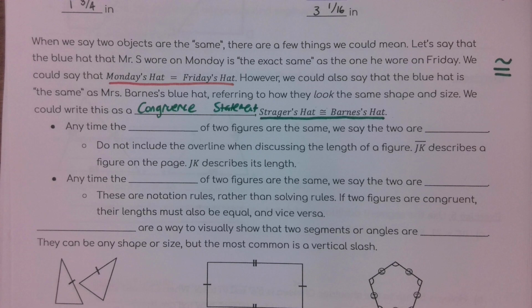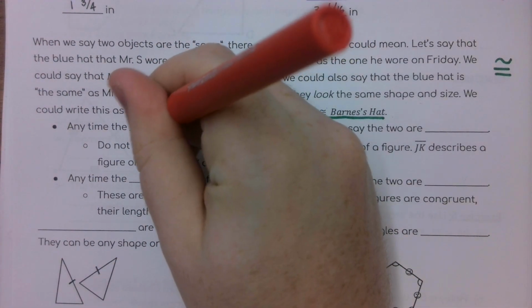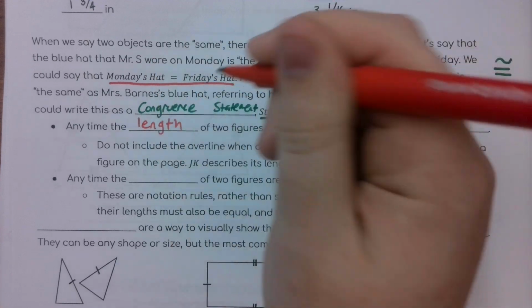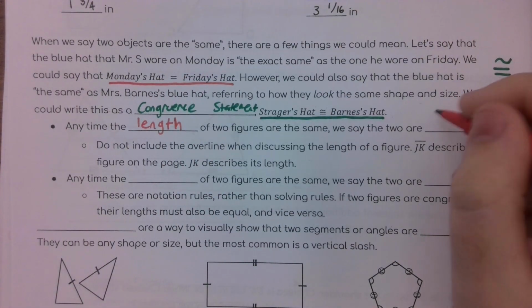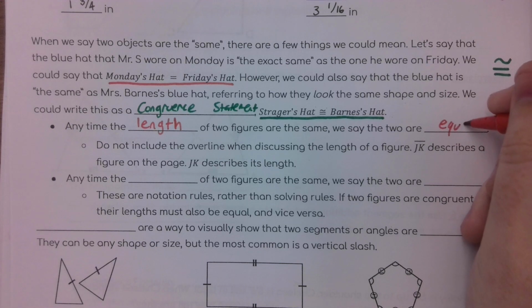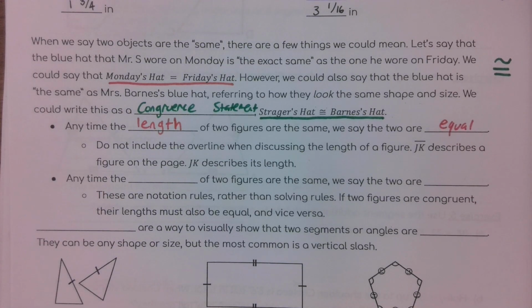So anytime that we're talking about the length of 2 things, the length of 2 figures, if the length is the same, we call those 2 equal. If the length of 2 figures is the same, the 2 of them are equal. So maybe we have 2 line segments that are both 7 inches long.